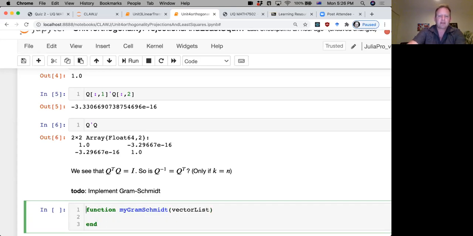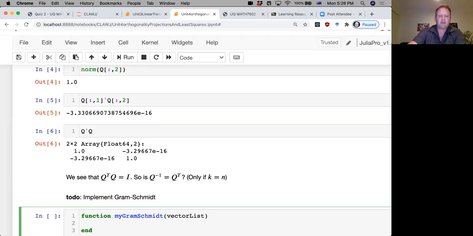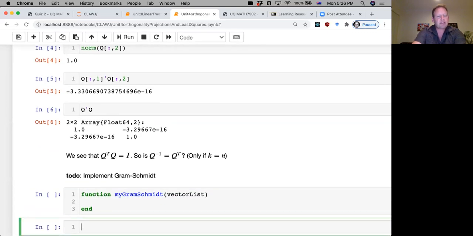Sometimes when you implement a function, it's good to even write the test before you finish implementing it. So call this the V list, the vector list. It's going to be an array of vectors, V1, V2, V3.